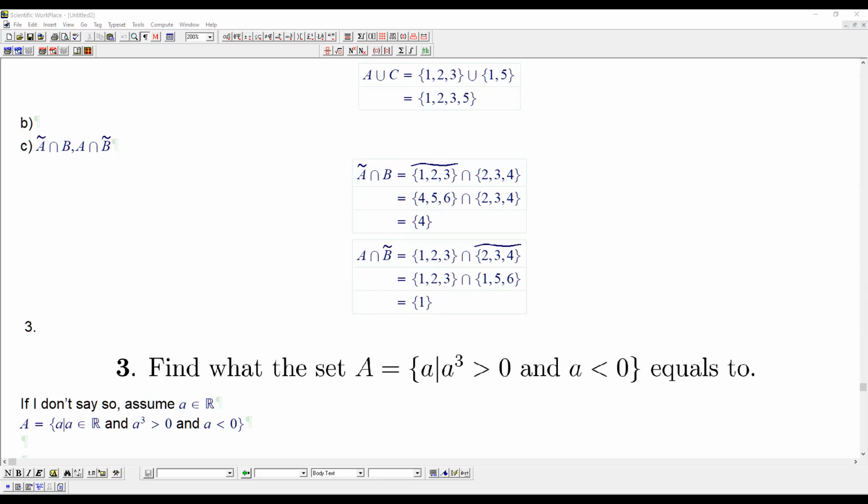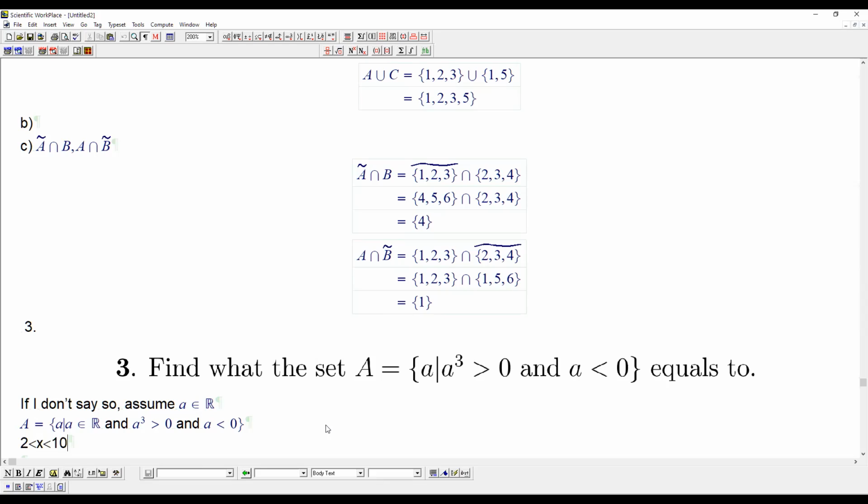Usually when we express something like this, we say something like 2 smaller than x smaller than 10.